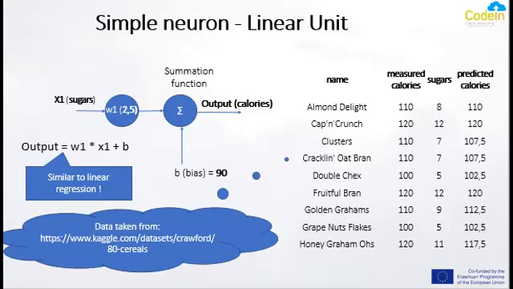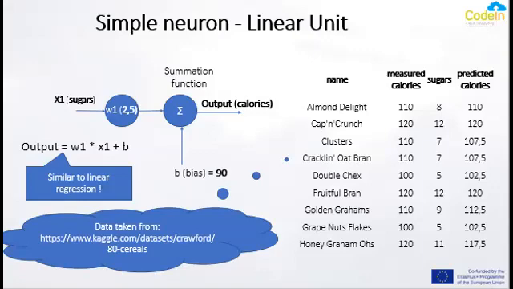Now, let's see how this works in a real-world example with a data set like 80 cereals from www.kaggle.com. Imagine training a single neural model with sugars as the input and calories as the output. After some training, we might find that the bias is b equals 90 and the weight is w equals 2.5.